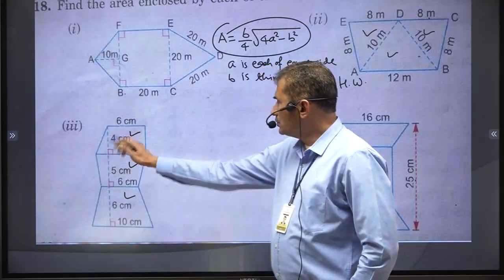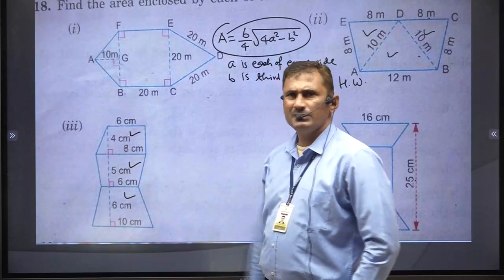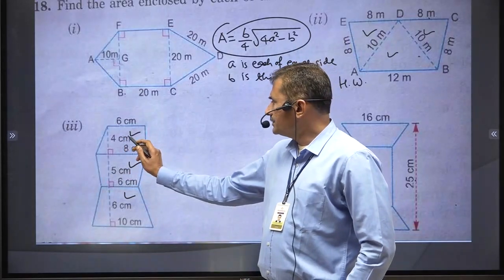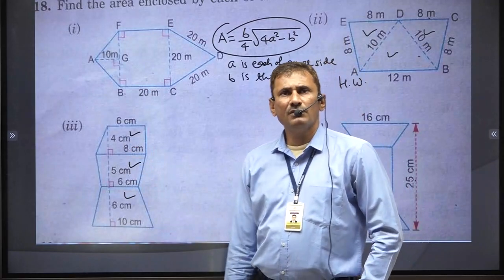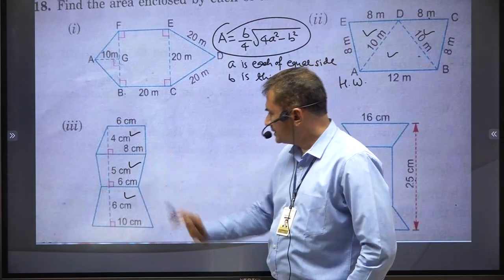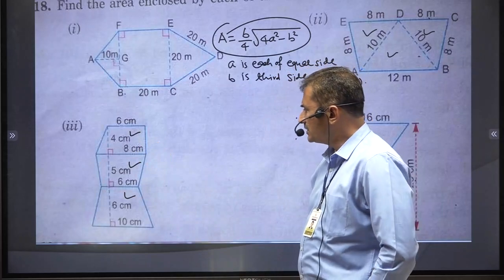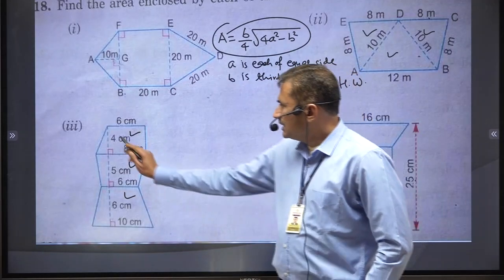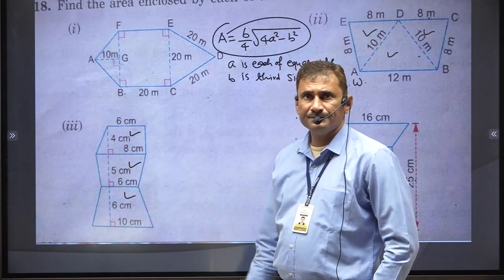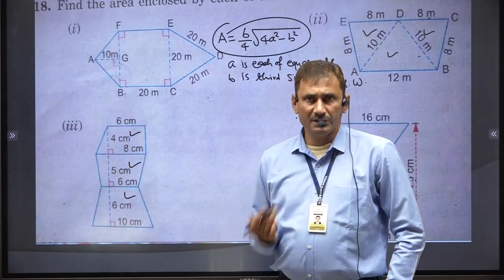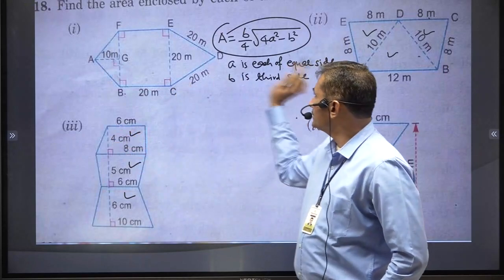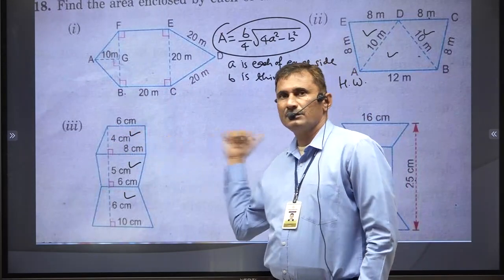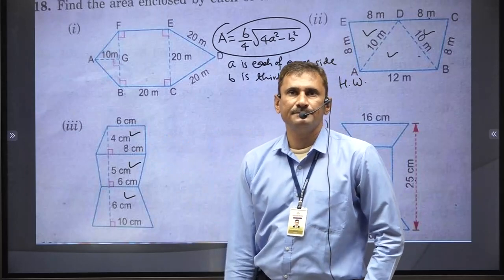You can give names also here, A, B, C, D, whatever it may be. Otherwise, the area of the first trapezium, second trapezium, third trapezium. Why are they trapeziums? Because it is obvious, by appearance only, we assume that they are trapeziums. Altitude is given everywhere. So let's see one by one. For this one, if you want, you can give a name because in the first and second, names are given, but in the third and fourth, it is not given.